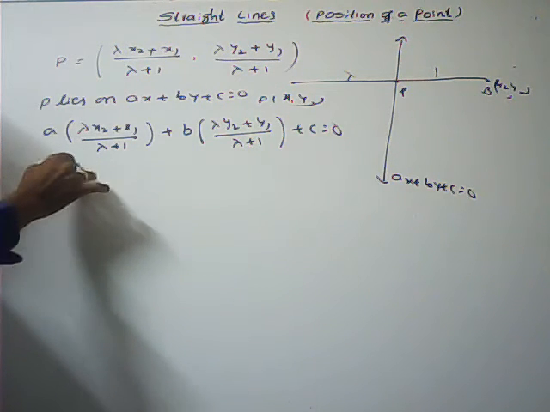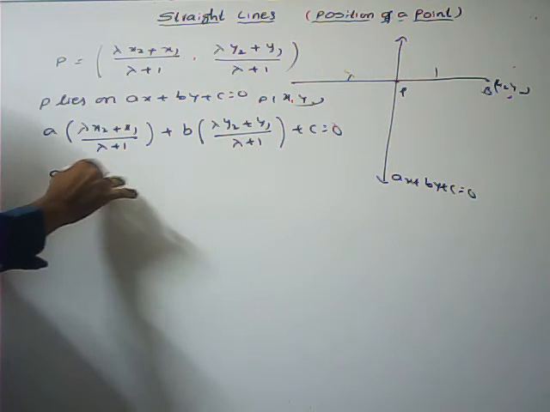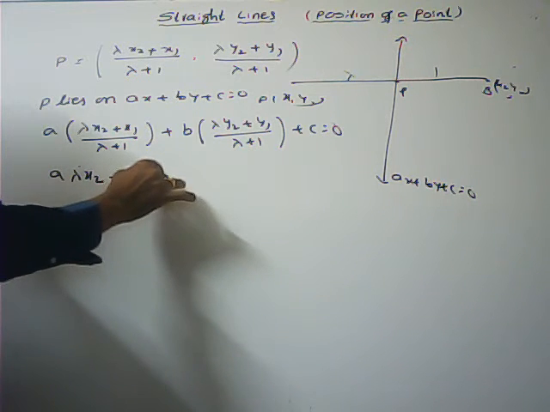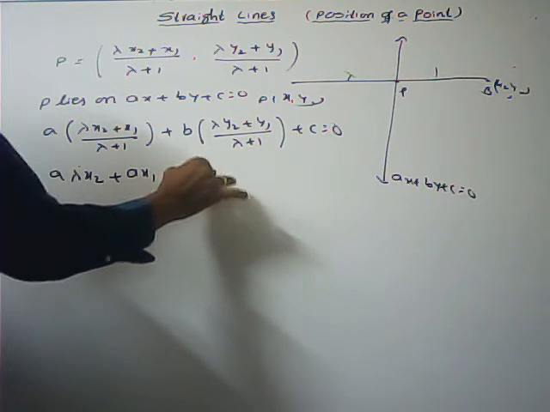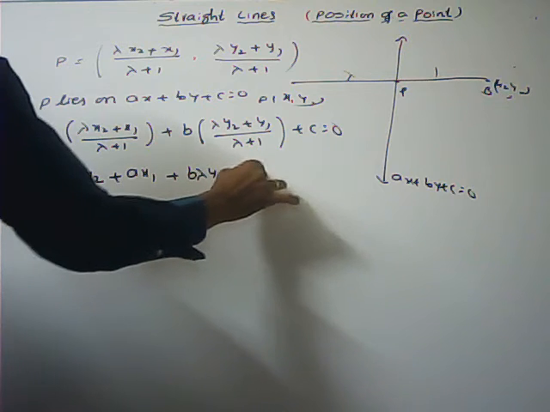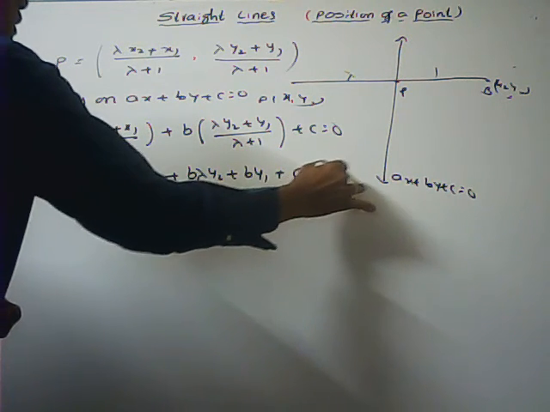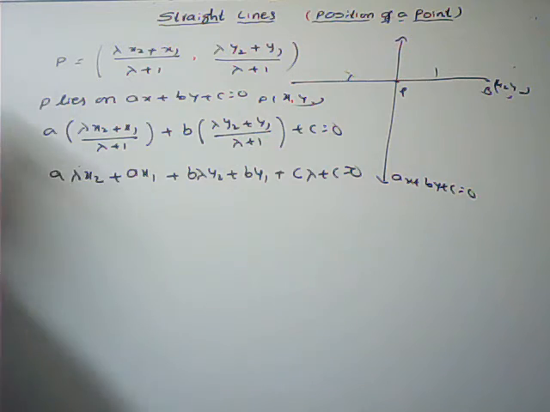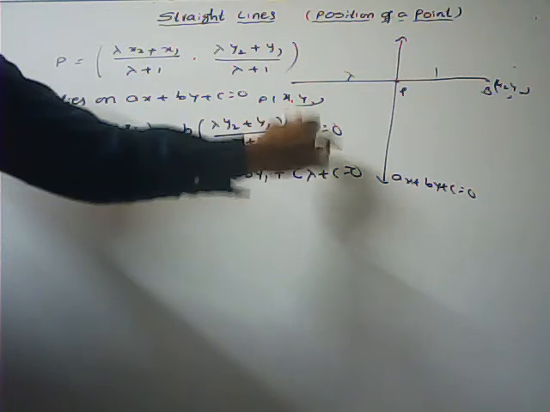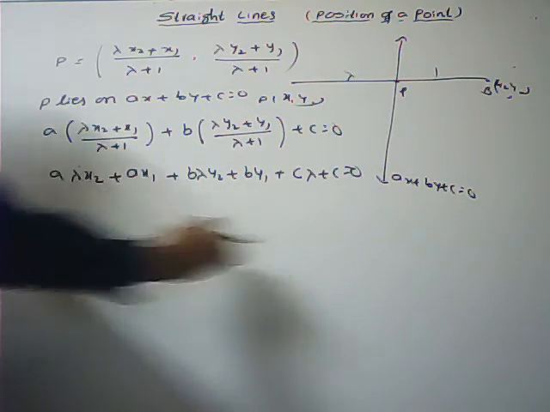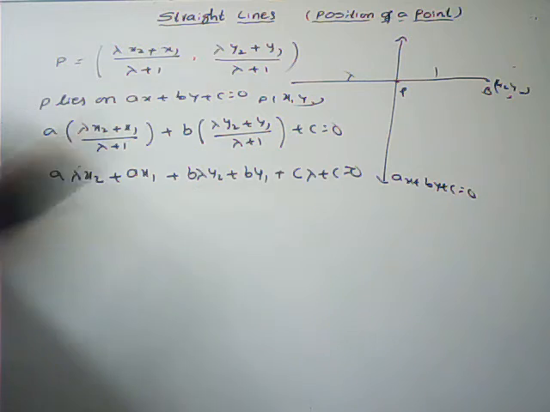Here I am taking the LCM: a lambda x2 plus a x1 plus b lambda y2 plus b y1 plus c into lambda plus 1, that is equal to 0. Here I have taken the LCM, c into lambda plus 1, c lambda plus c. That LCM we can transfer to the other side, and we get 0.